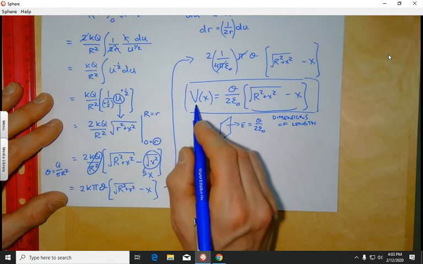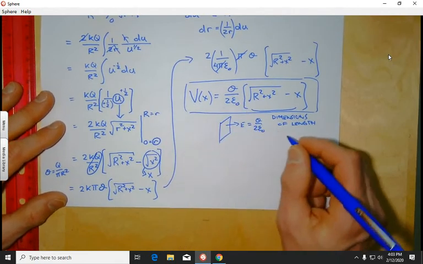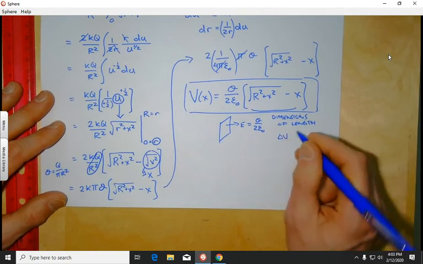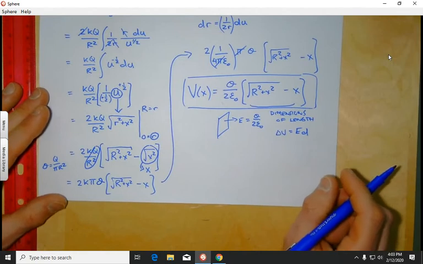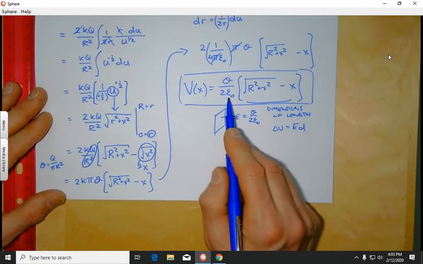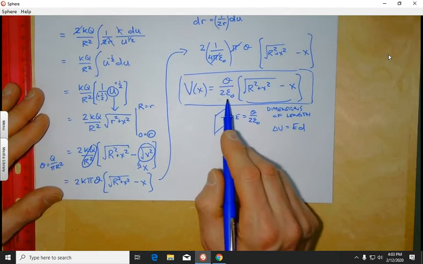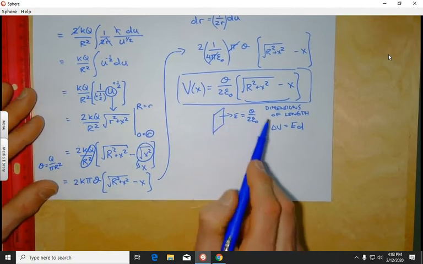And so this expression for the potential is actually making a little bit of sense here, because we learned that the difference in potential is something like that for a uniform field. Okay? Now, I am not saying that this is a uniform field. It's not. The disk is not infinite.